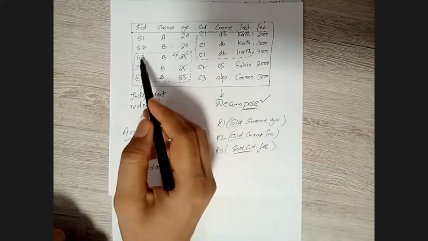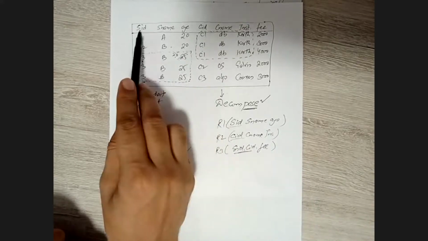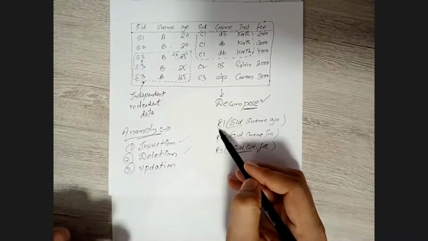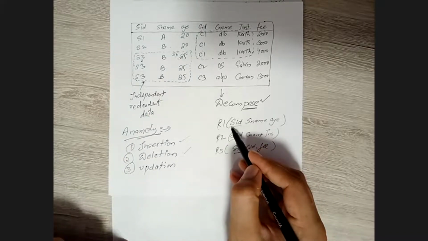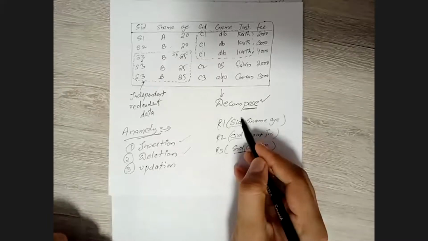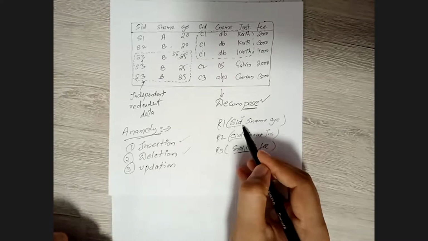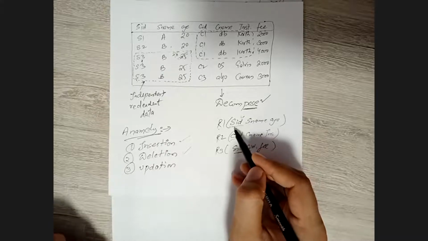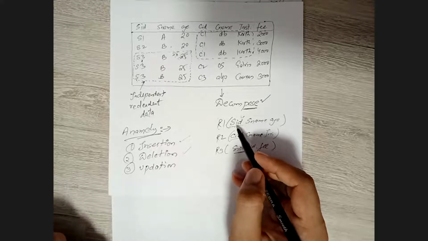So what is actually done here is how we have resolved this issue. When we take SID, SName, and age in this single table, we use some constraint over a single attribute, that is SID. We say that this is a primary key, then we know primary key properties are unique and not null. We cannot have the same values repeating multiple times.